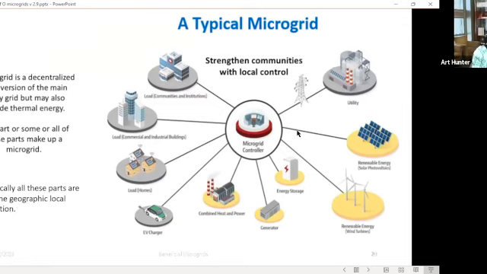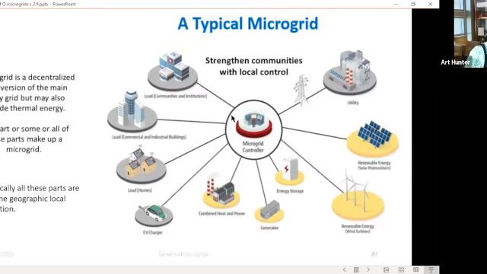You can see generation that is coming from gas turbines, combined heat and power. And then the loads can be EV chargers, multiple homes or one home, as well as industrial buildings, commercial, hospitals, and emergency services, etc. The point is that a microgrid is not one design.